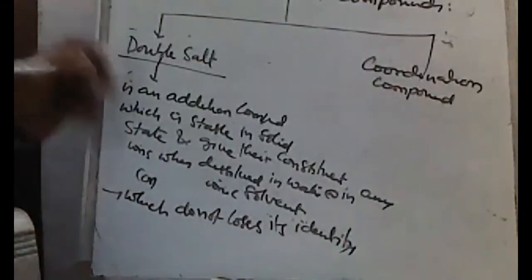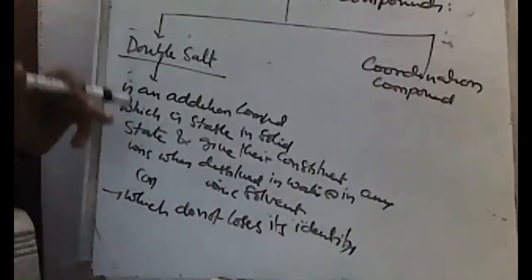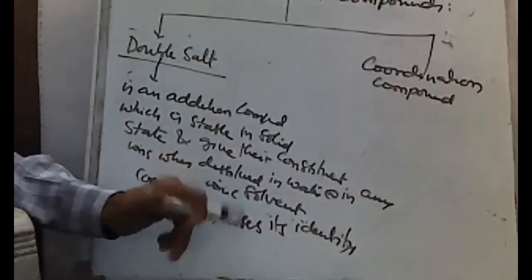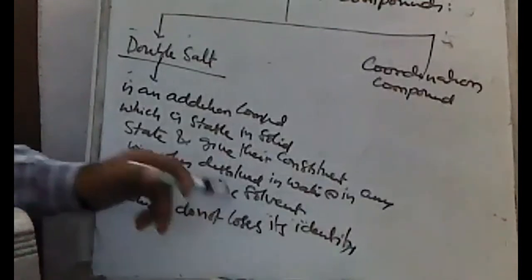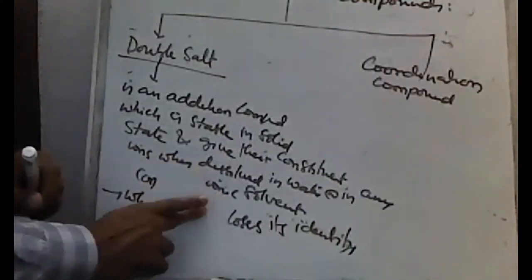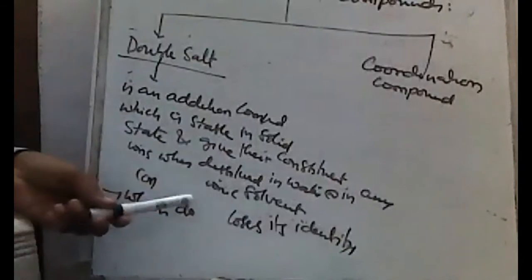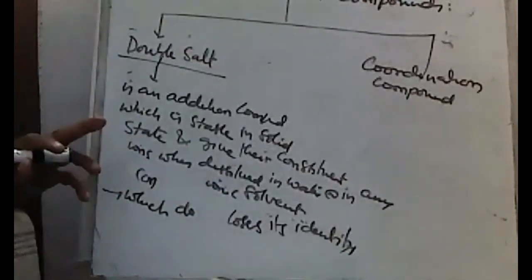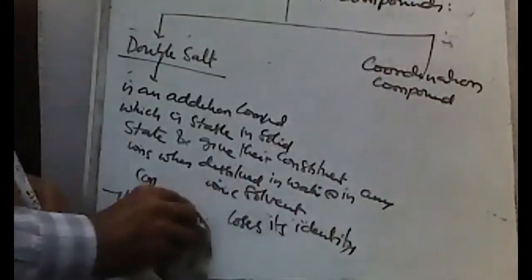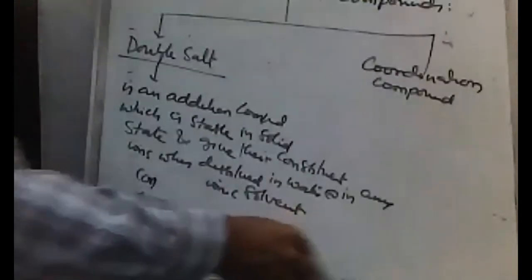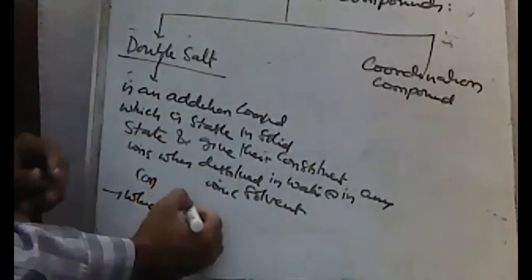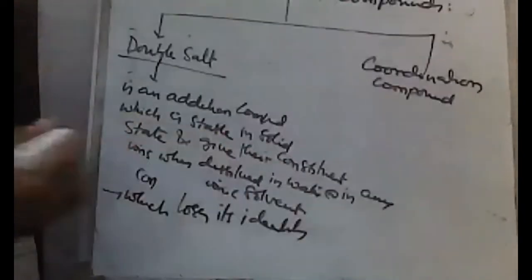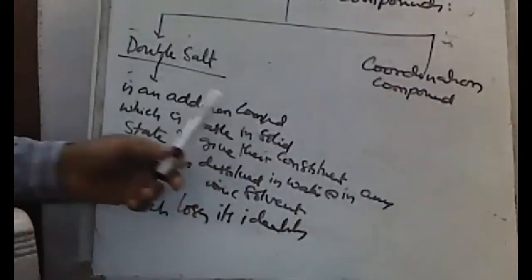Or double salt can also be defined as an addition compound which loses its identity when dissolved in water or in any ionic solvent.